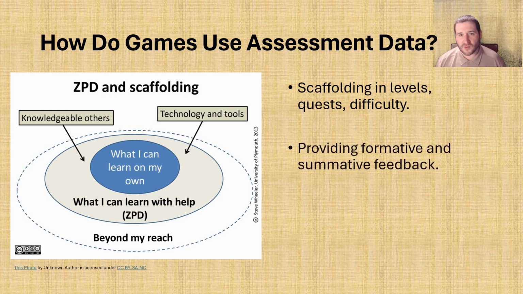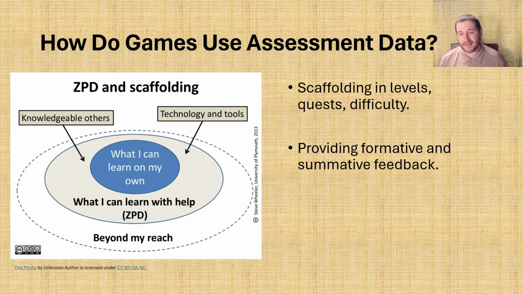Games can also use that assessment data to provide feedback. We've talked about formative and summative already. Formative feedback might be something as simple as playing a sound, whether you hit the Guitar Hero button correctly or not. Maybe it shows a picture on the screen or an animation. And summative feedback, this is really common because so many games are level-based, right?